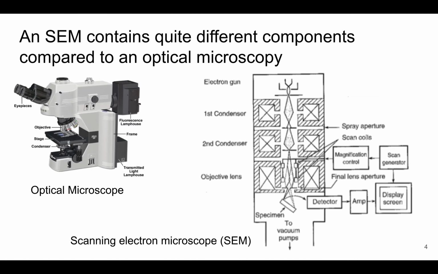They're called lenses and they have the same function, but since we're dealing with a different radiation or particle type, the structure of the lens is going to be quite a bit different. But these condenser and objective lenses have the same function: they focus and magnify the image just like the lenses in a light microscope. Again, we use electromagnetic lenses as opposed to glass lenses. So similar, but different.